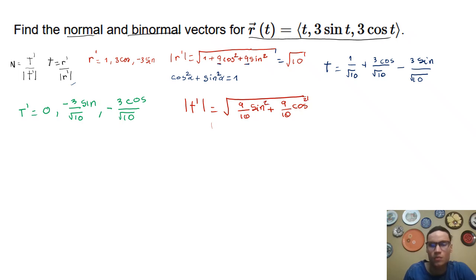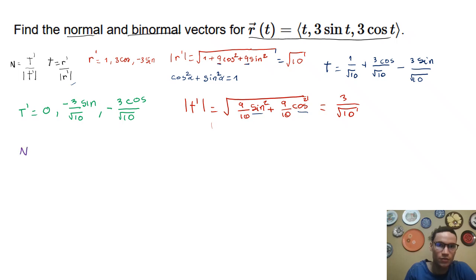Both are squared, so we can use exactly the same trick as in the previous example. This and this will be equal to 1 after we extract the common factor of 9 divided by 10. So this is 9 divided by 10 times 1, and this is the square root of the numerator, which is 3, and in the denominator we got the square root of 10. This is our module. Having the tangent prime and the module of it, we can find the normal vector.